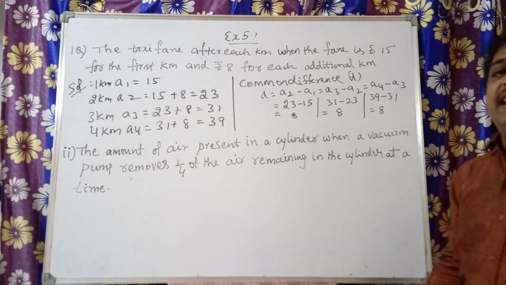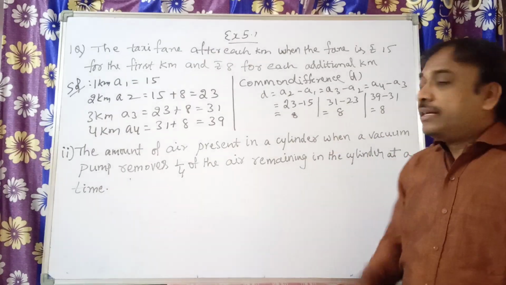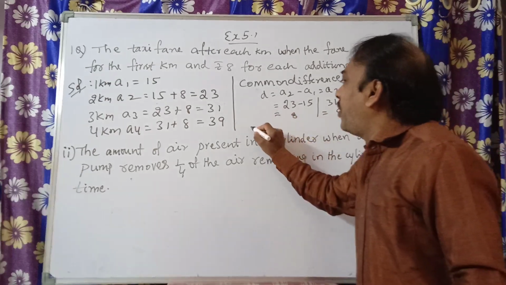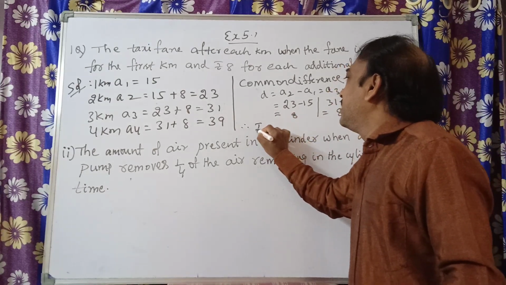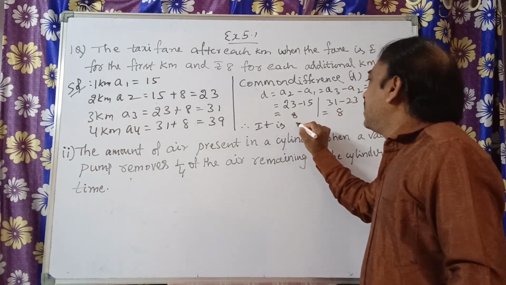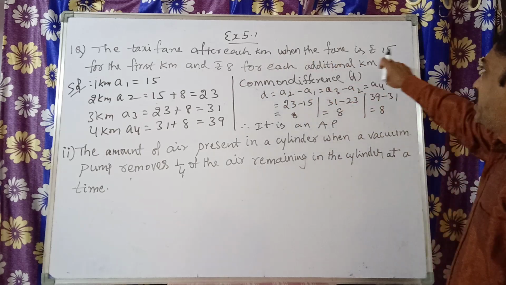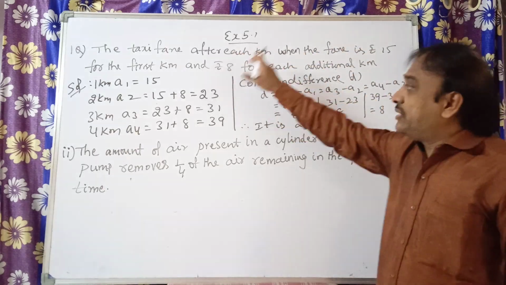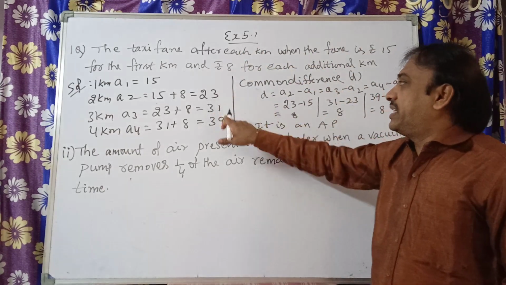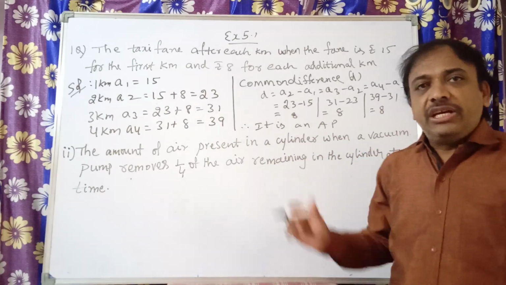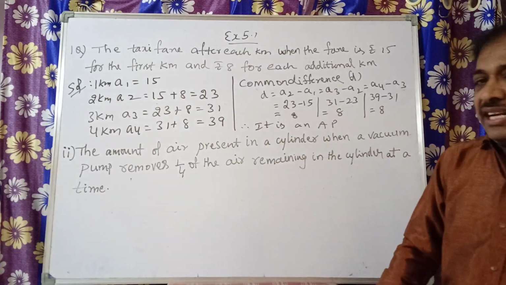So in all the places the common difference is same, so it is an AP. The statement, when you calculate those values, 15, 23, 31, 39, forms an AP. I hope you understood.